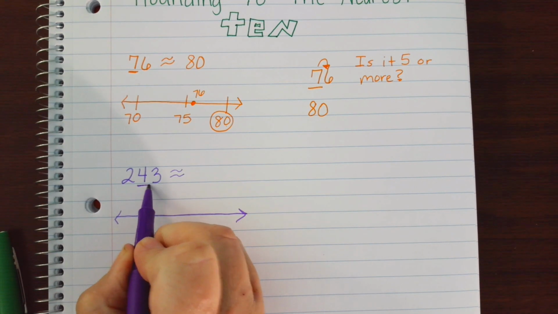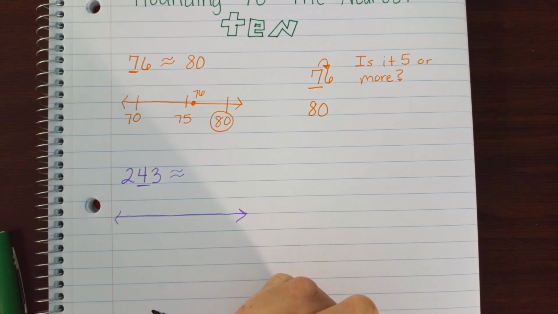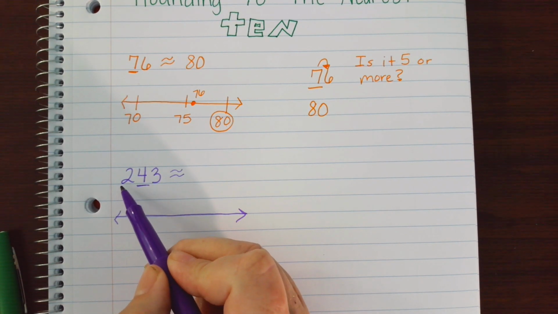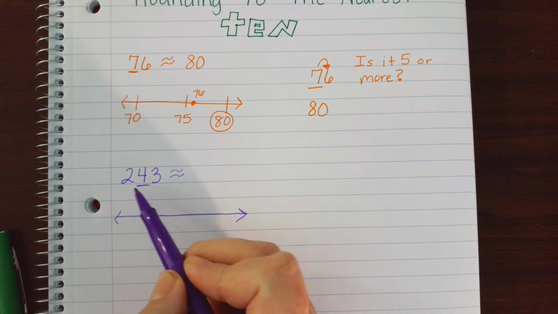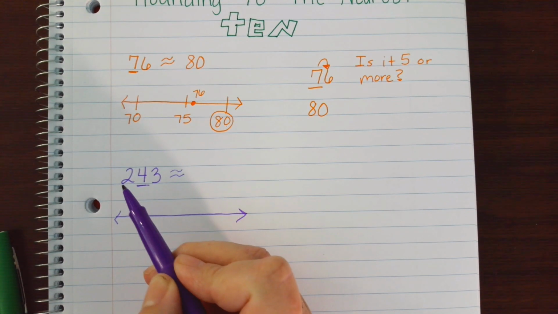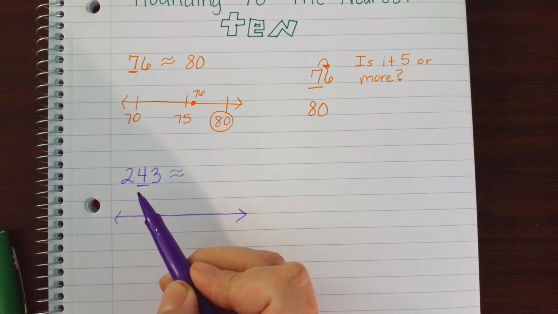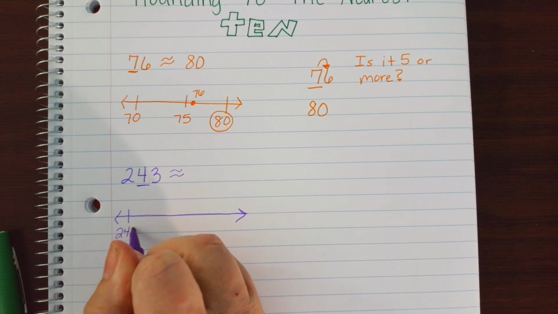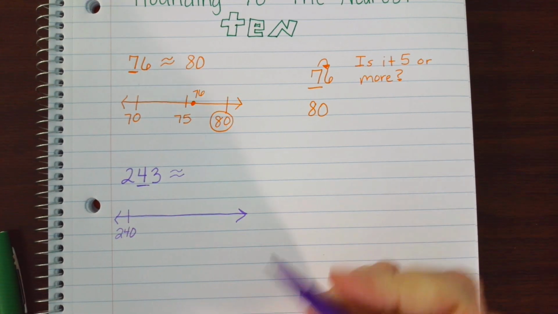We're underlining the 4 because it's in the 10s, but we were taught that 10 10s is 100. So in this number, we actually have 24 10s. So we would have 24 10s or 240.